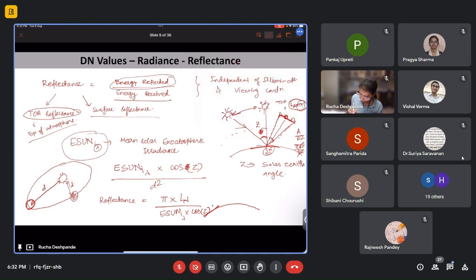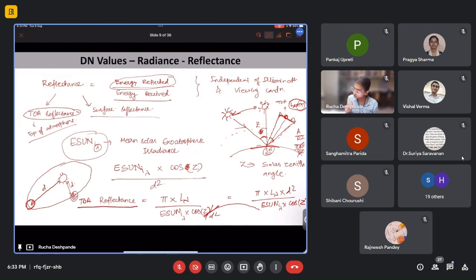divided by d square. And so this is the formula to calculate top of the atmosphere reflectance.